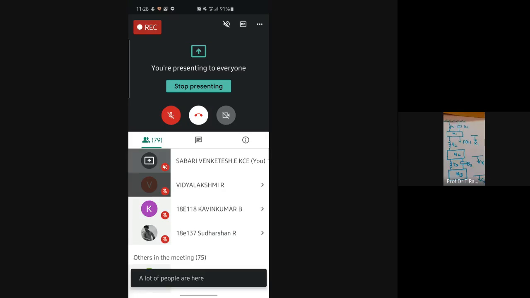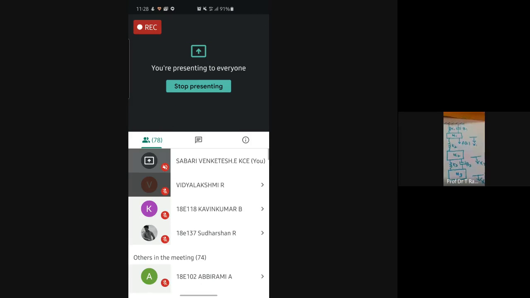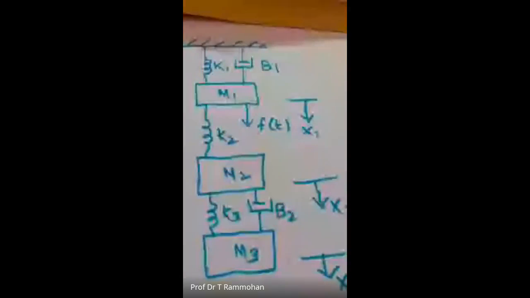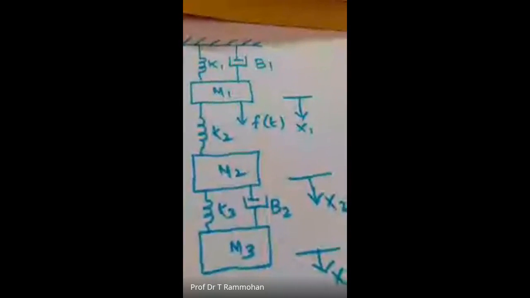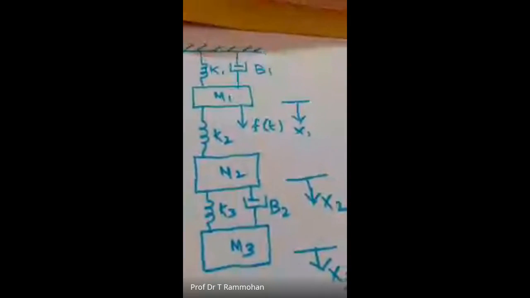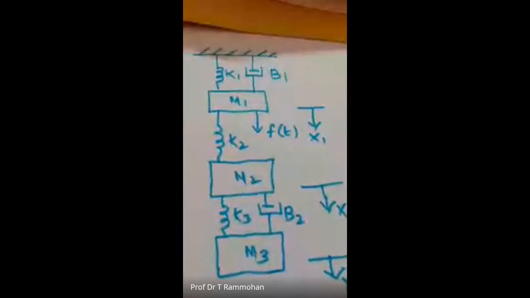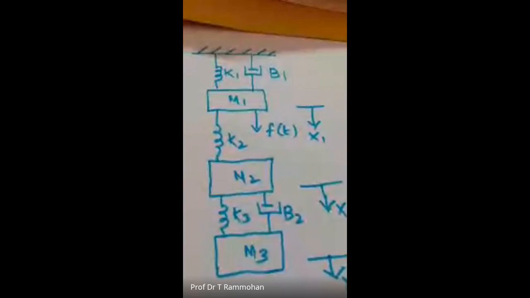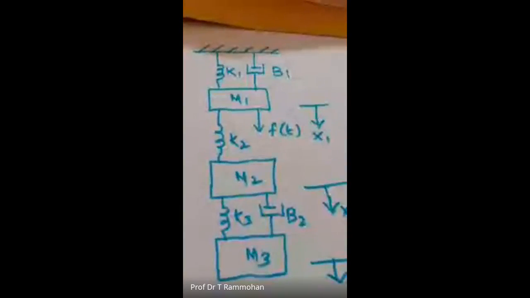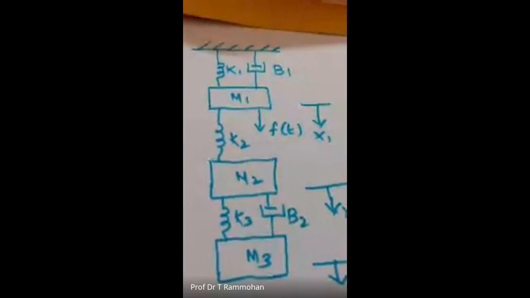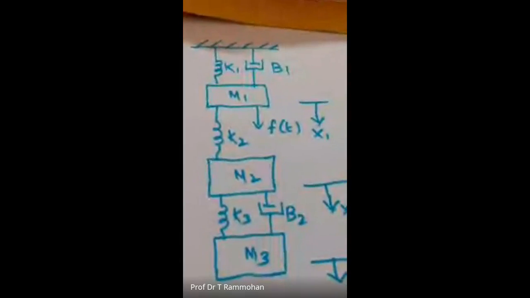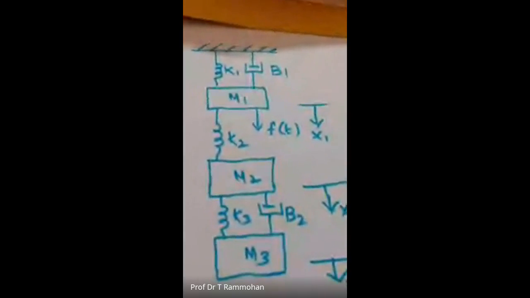K2 is connected between M1 and M2. So there are three components connected directly with M1, that is K1, B1 and K2. K2 is connected between two masses, M1 and M2.